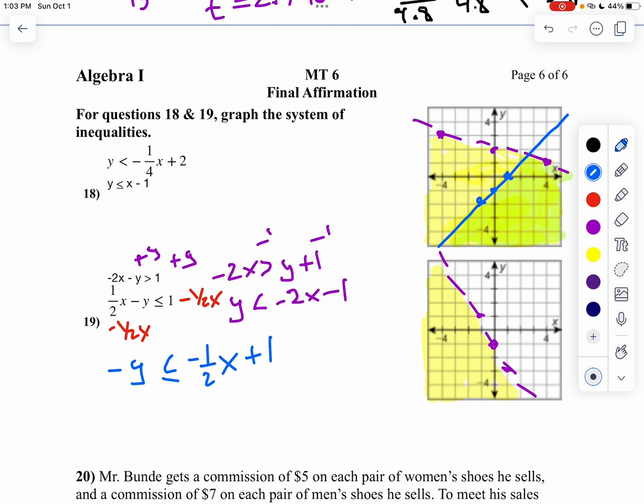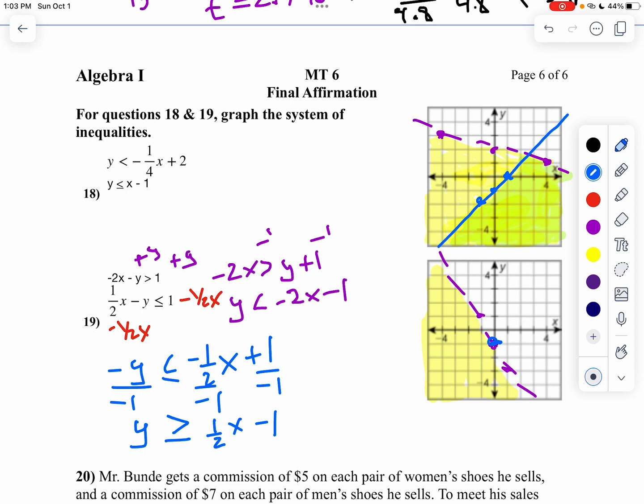Now what I'll do is I'll divide by a negative 1 to everything. Remember, when you divide by negative, you flip the sign. So y is going to be greater than or equal to, and a negative divided by negative is a positive 1/2 x. A positive divided by negative is a negative. So I'm going to go down 1. Oh, they cross right there at negative 1.